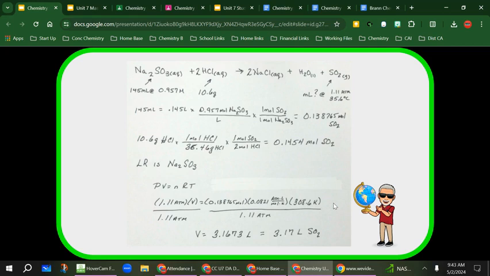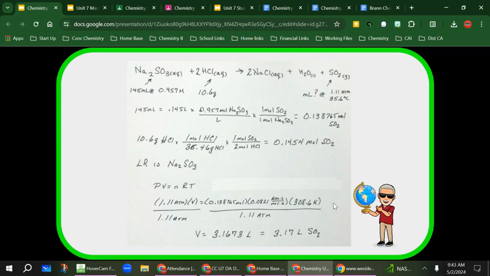This is called stoichiometry with a limiting reactant. It's just this part without doing that, or this part without doing that. In other words, I'm going to tell you one's in excess, so we'll tell you which one is limiting.